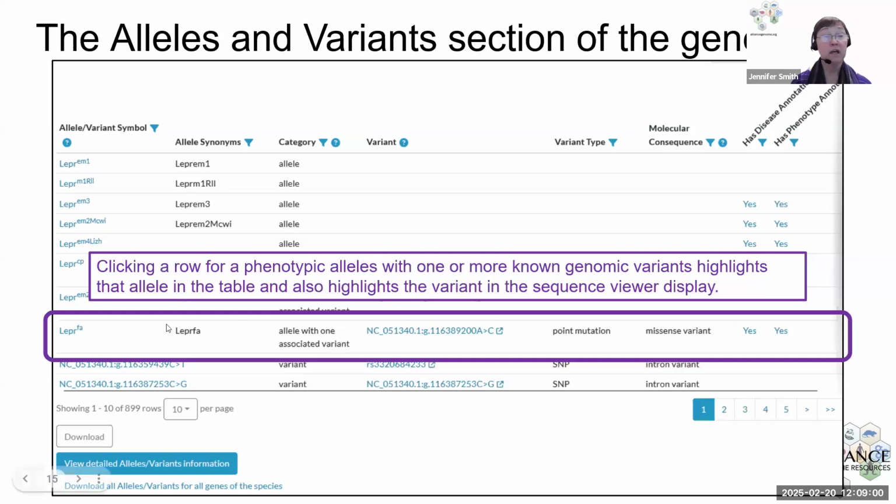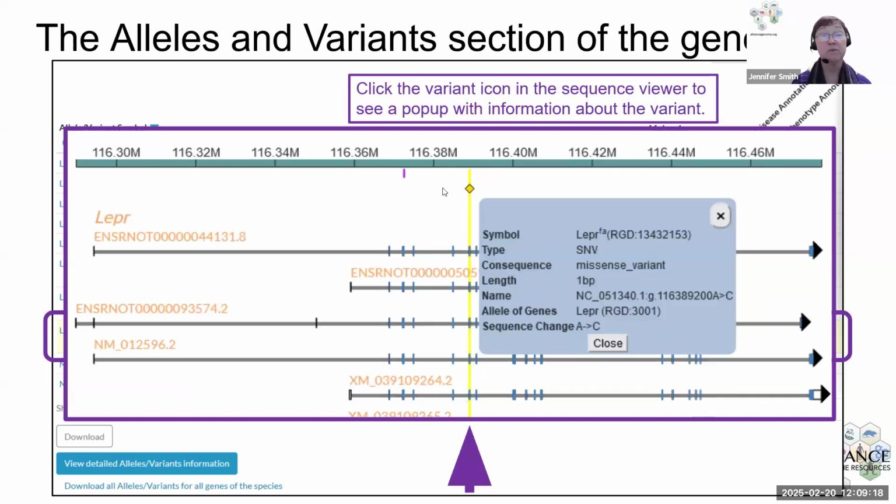So if you click a row for a phenotypic allele that has one or more known genomic variants, it will highlight that allele in the table and also highlight the variant in the sequence viewer display. So if we go back up to the sequence viewer, you can see that this variant is highlighted in yellow. And this is actually reciprocal.